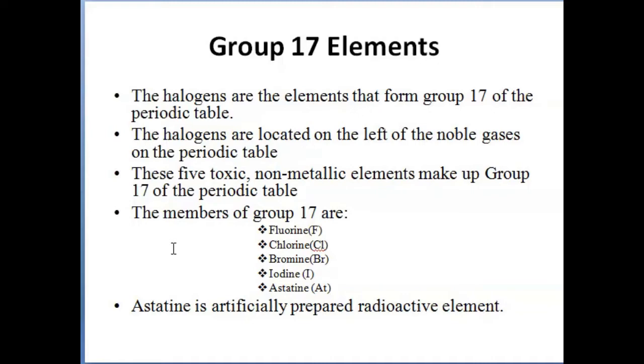The 5 toxic non-metallic elements which make up group 17 of the periodic table are fluorine, chlorine, bromine, iodine, and astatine, and astatine is an artificially prepared radioactive element.